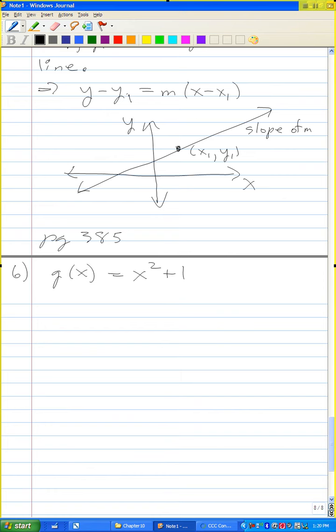So first off, let me replace g of x by y. Let me subtract 1 from both sides of my equation. So I get y minus 1 equals x squared. Oh, so this is just a translation of y equal x squared.